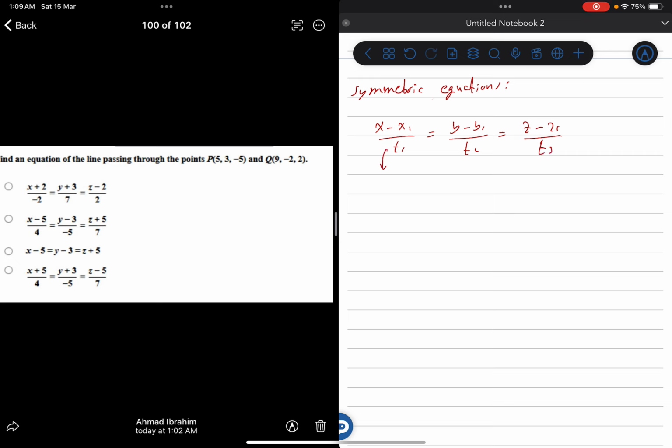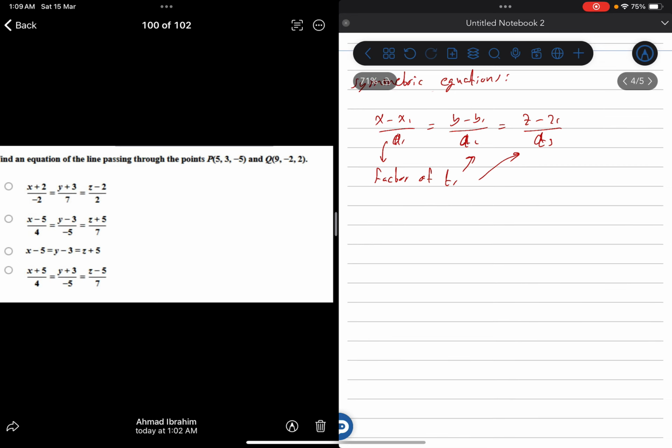Here you have to write the vector components, and also here, okay? So we can write it as A1, A2 and A3, okay? So you have P, it is 5, 3, negative 5, and Q, 9, negative 2 and 2.